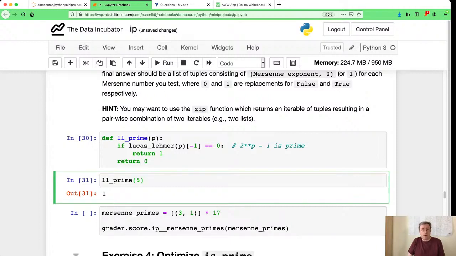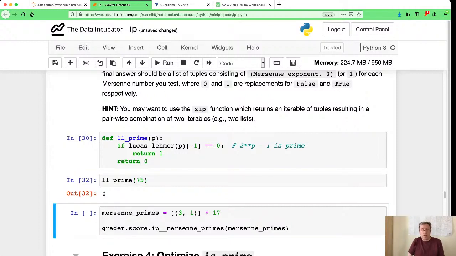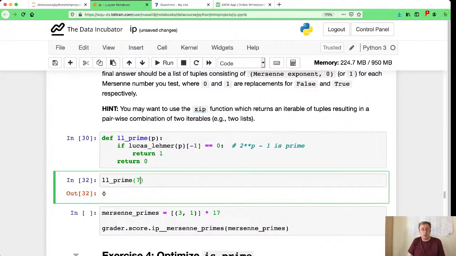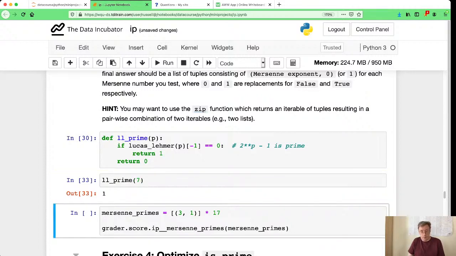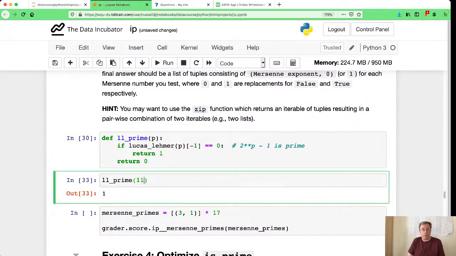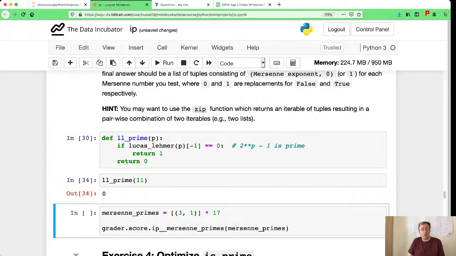Then 7: 2 to the power 7 minus 1. 2 to the 5th is 32, so 64, 128, 127. 127 is a prime number, yes. If we try 11, 2 to the power 11 is 2048, minus 1 is 2047, it's not a prime number.